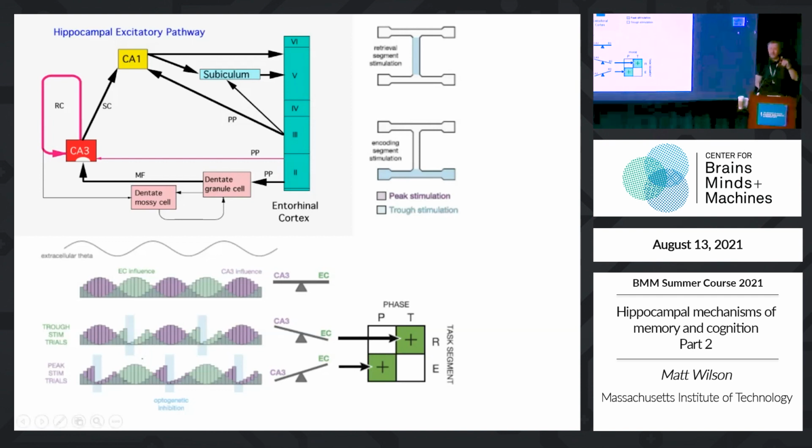Both of those are theta modulated, but interestingly, they have a shifted phase preference: the entorhinal input and the CA3 input come 180 degrees out of phase. So even though they're theta modulated, the different phases, the peak and the trough, are actually receiving information from two different circuits. You've got the CA3 circuit and the entorhinal circuit.